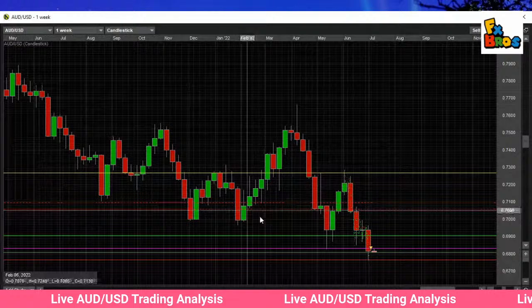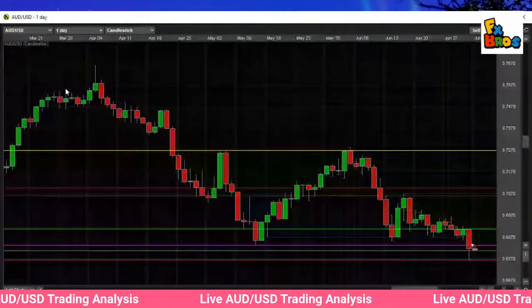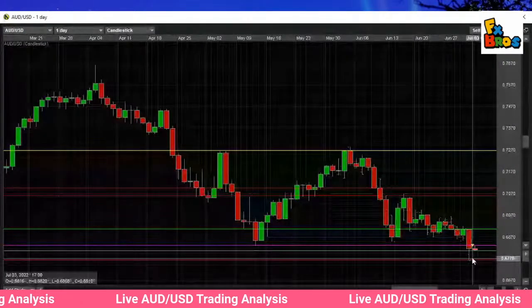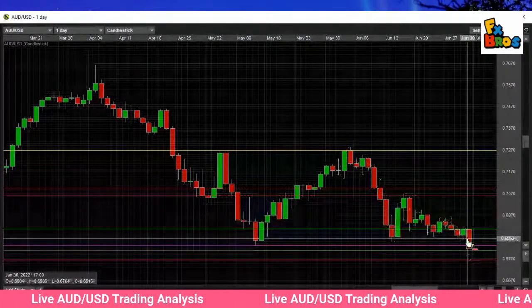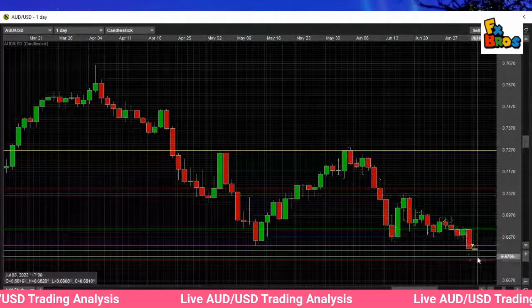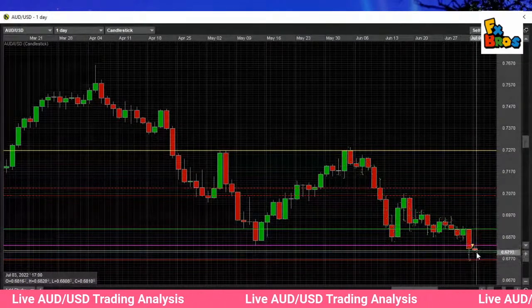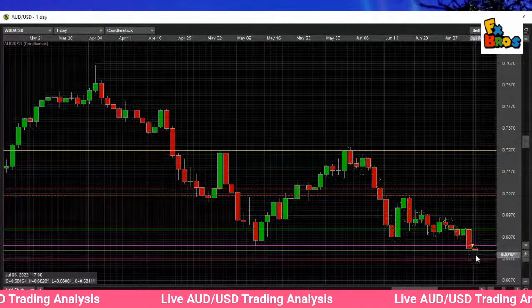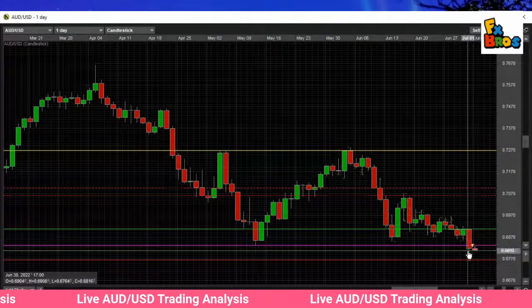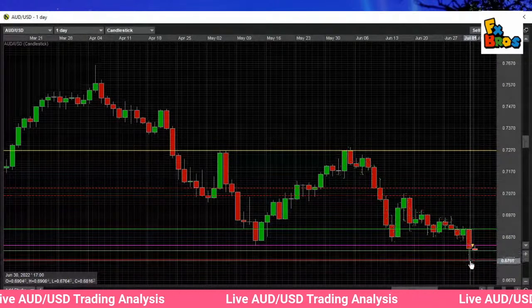So with that being said, we're going to go back down to the daily. Like I said, with the bearish momentum, I can easily see the daily hitting my take profit and trading down into price to fill the wick.